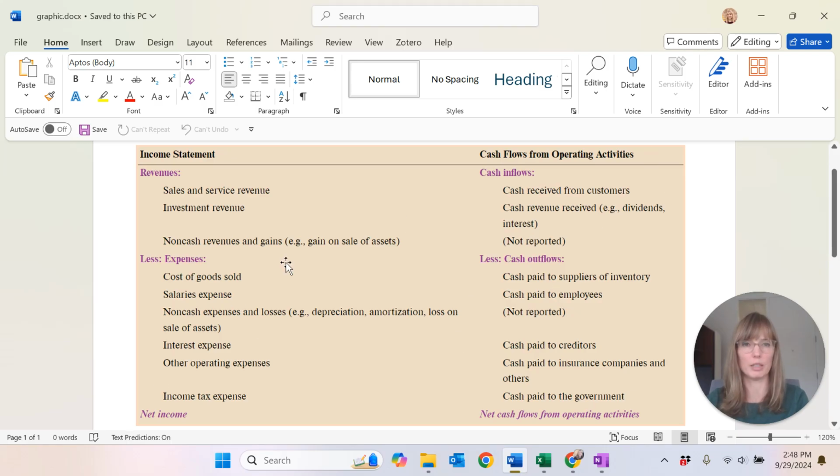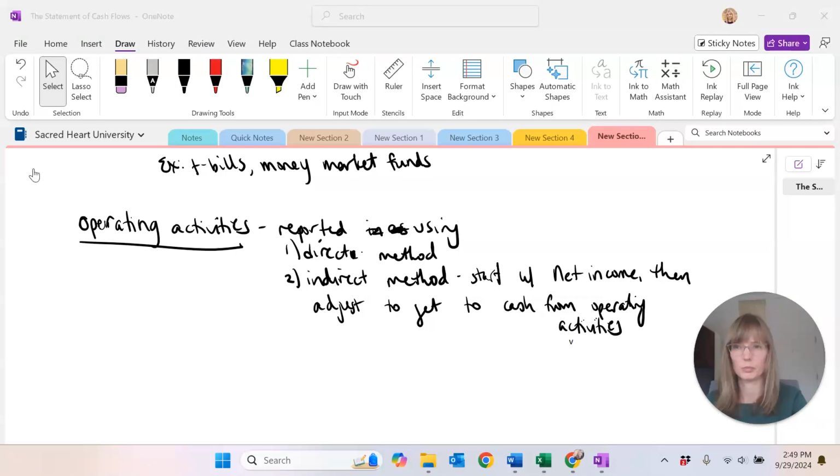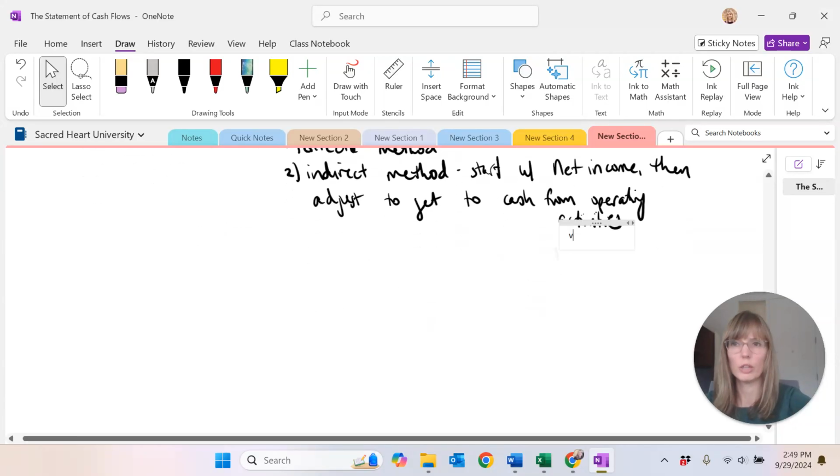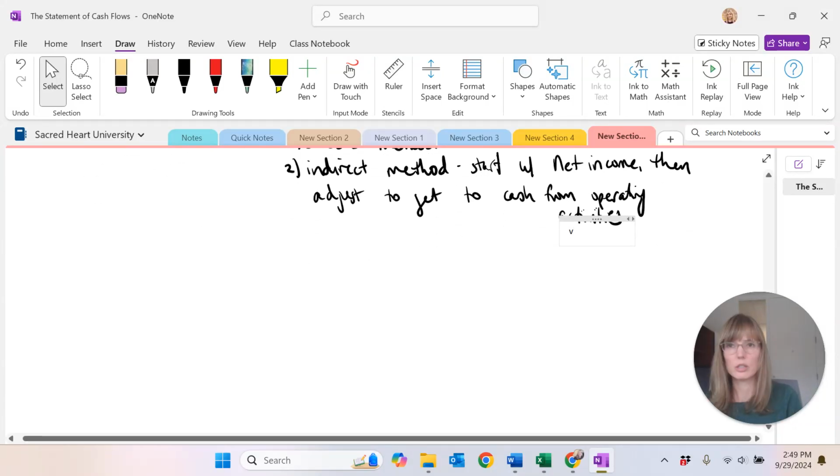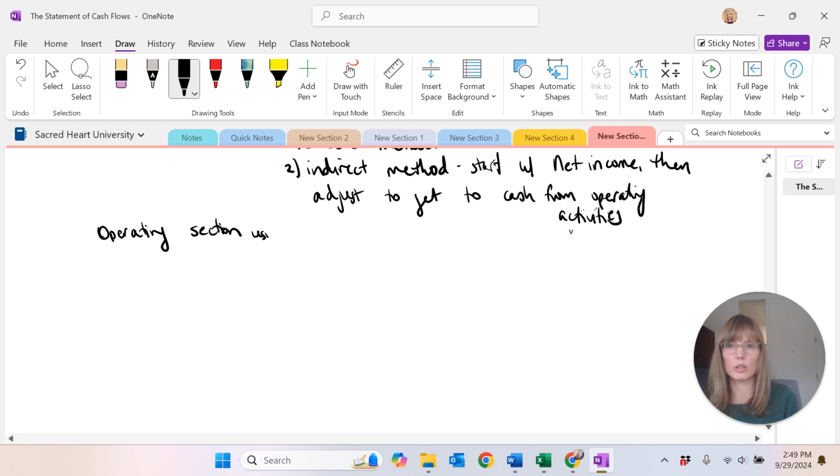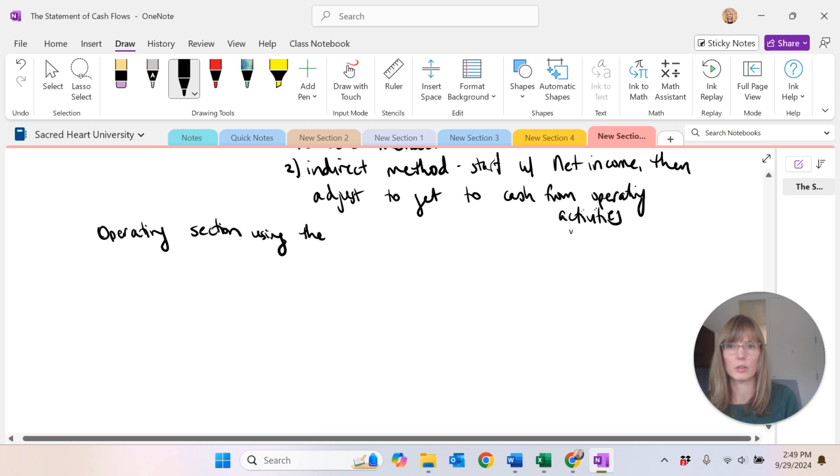Let's start our statement of cash flows, the operating section only. What would it look like using the indirect method? We always start with the company's net income taken straight from the income statement.